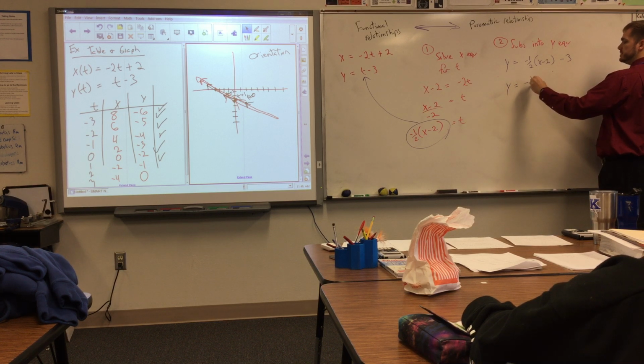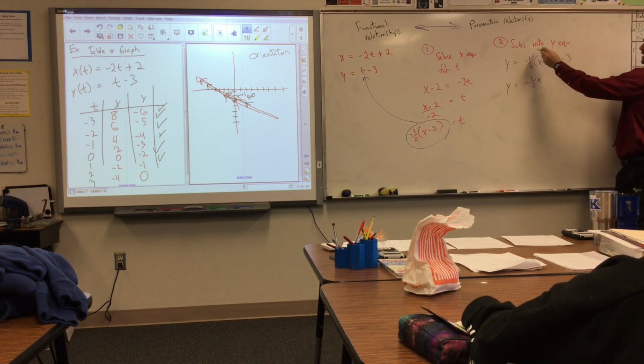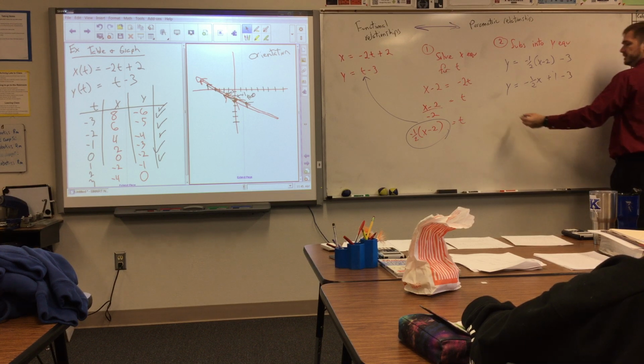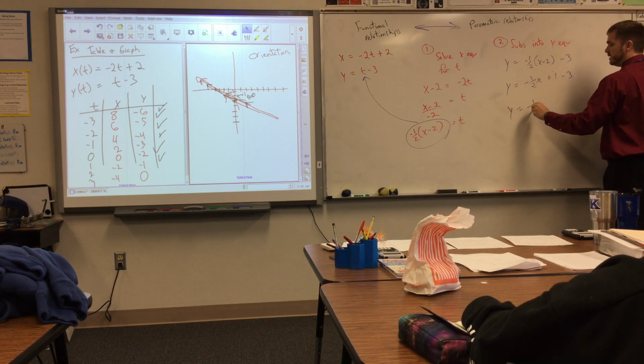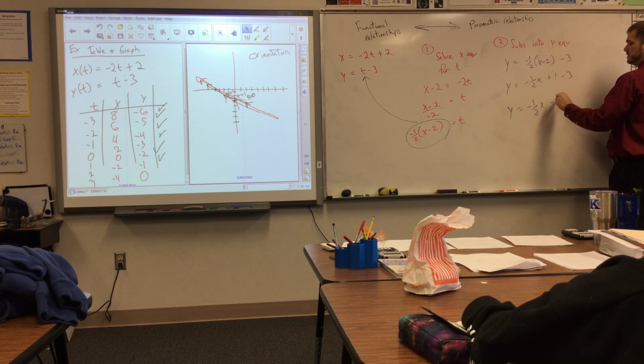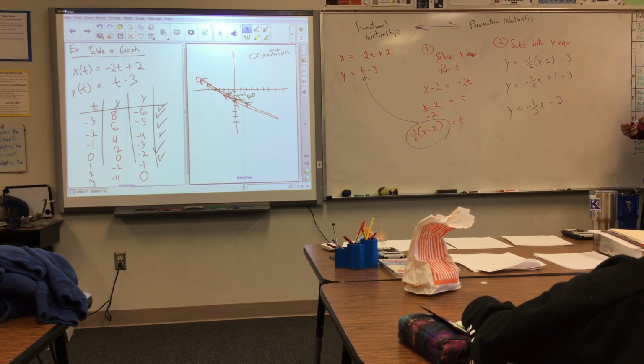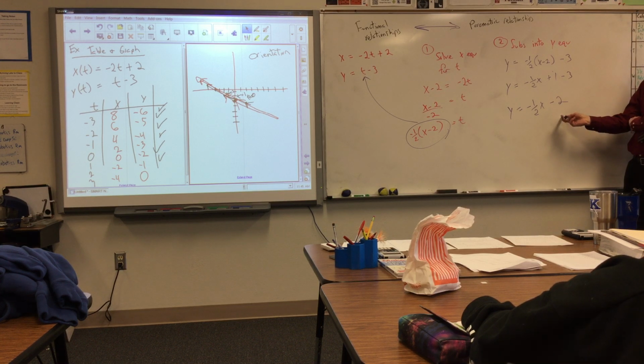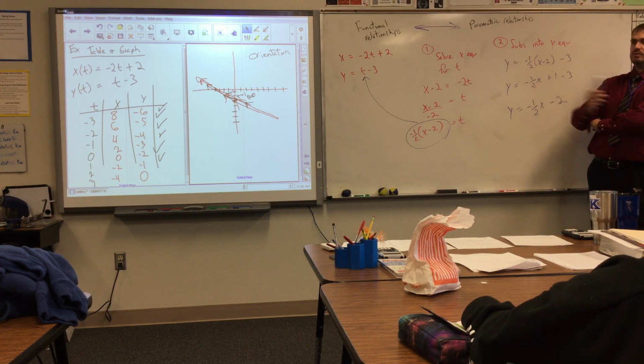So that's y equals negative 1/2 x, and negative 1/2 times a negative 2 is a plus 1. Negative times negative is positive, 1/2 times 2 is 1, yep. Minus 3. So we have y equals negative 1/2 x minus 2. Does this y equals mx plus b equation match what we're seeing over there with the graph?